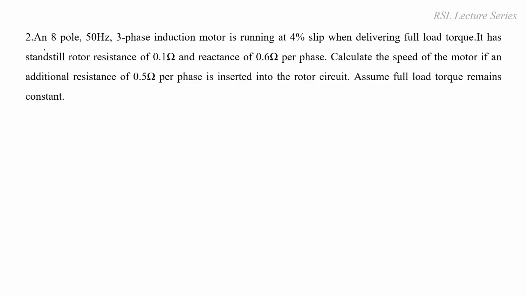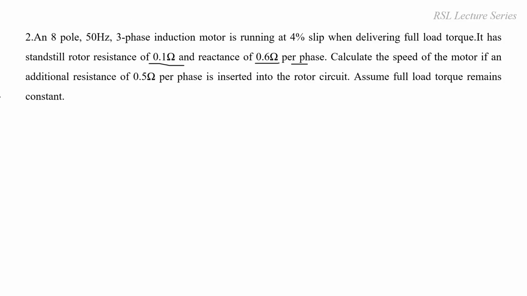Now we'll continue with the second problem. In the second problem, the question is: an 8-pole, 50 hertz, 3-phase induction motor is running at 4% slip when delivering full load torque. It has standstill rotor resistance of 0.1 ohm and reactance of 0.6 ohm per phase. Both are per phase values.